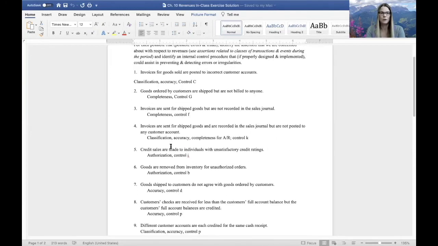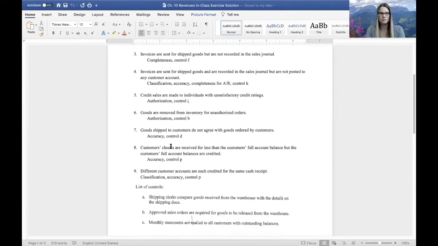All right. So number 3 is invoices are sent out for shipped goods. Okay, so now we're actually sending out those invoices, but then they're not being recorded in the sales journal.